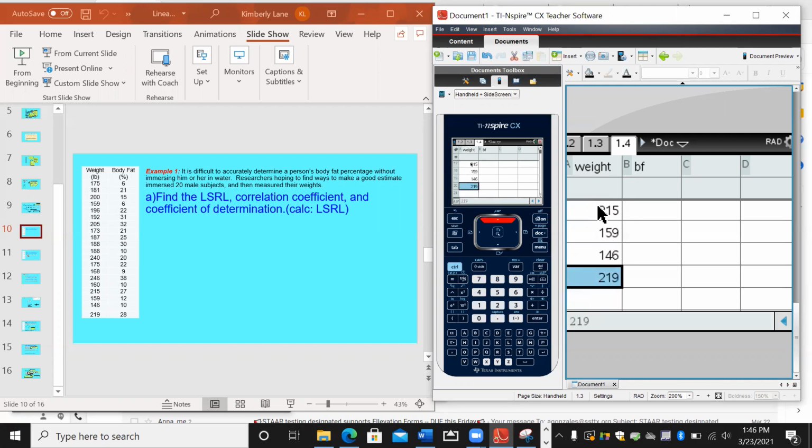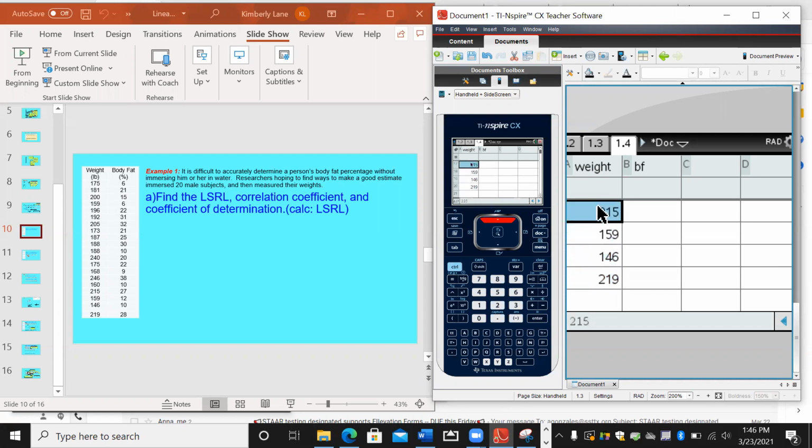Double check your values. Again, the calculator can only compute what you enter correctly.